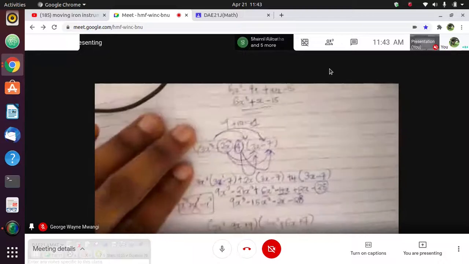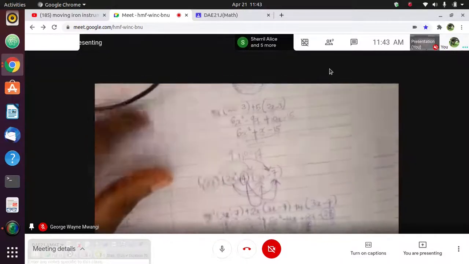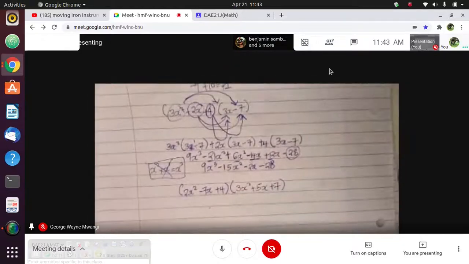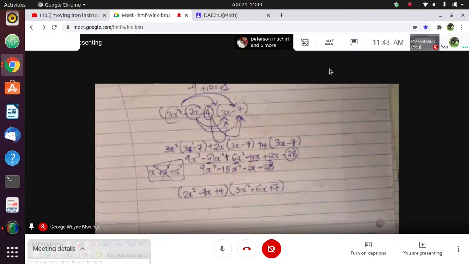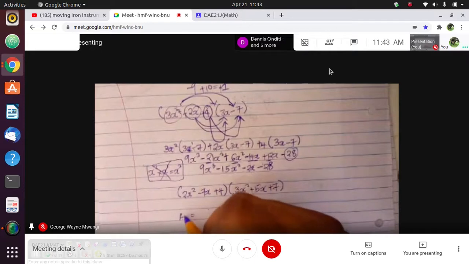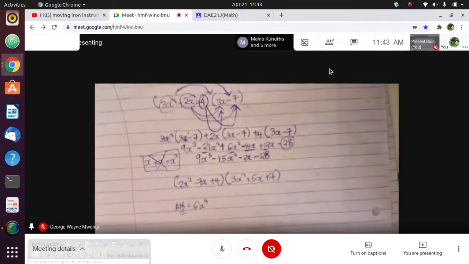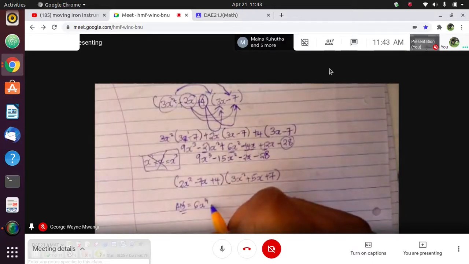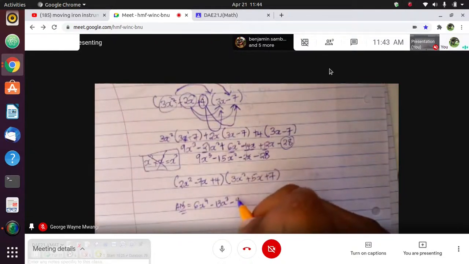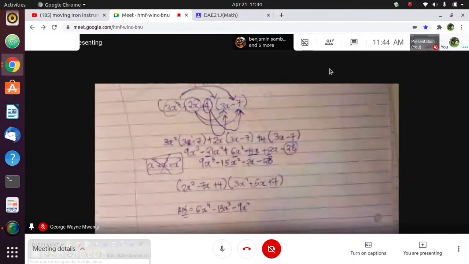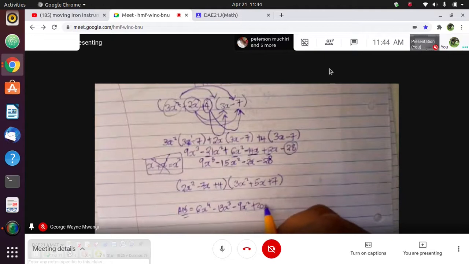Who has got the solution? 6x raised to power 4, minus 13x raised to power 3, minus 9x squared, plus 20x, minus 21. Anyone else?